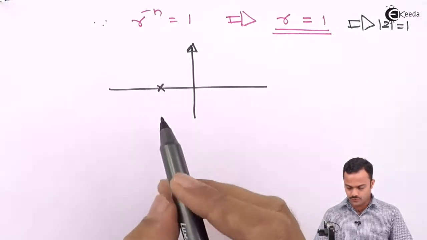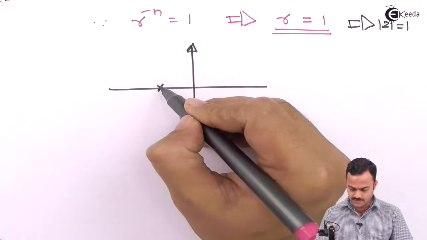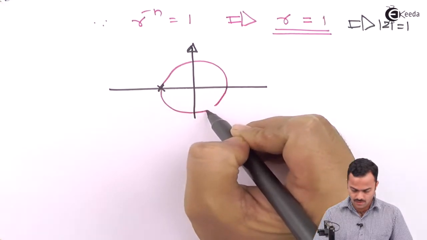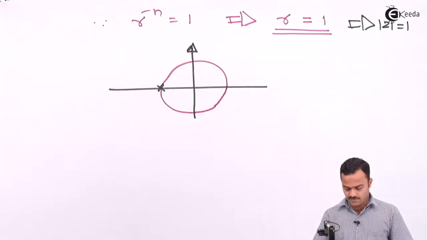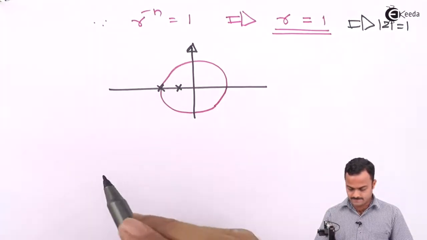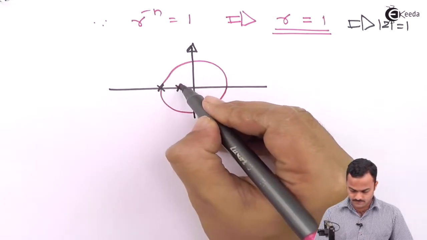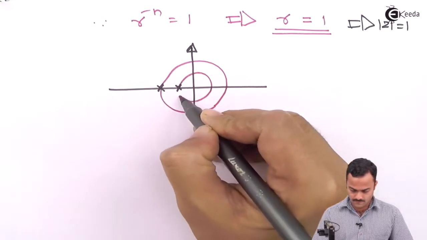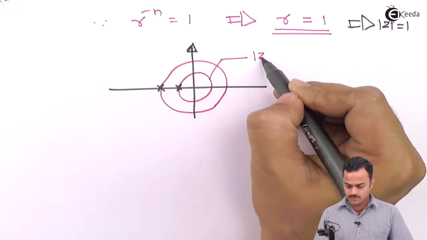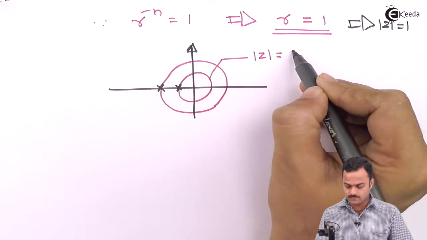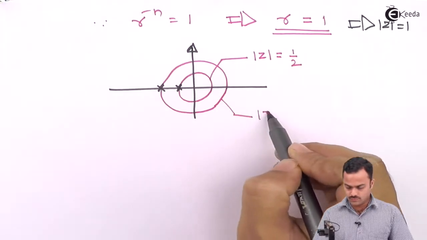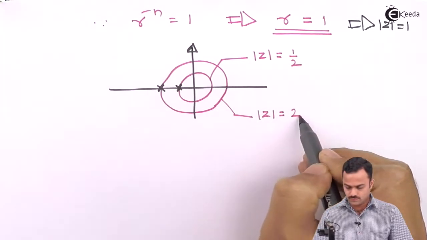Suppose I have a pole of a system like this, and one more pole like this, with radius mod z equal to 1 by 2, and this with mod z equal to 2.